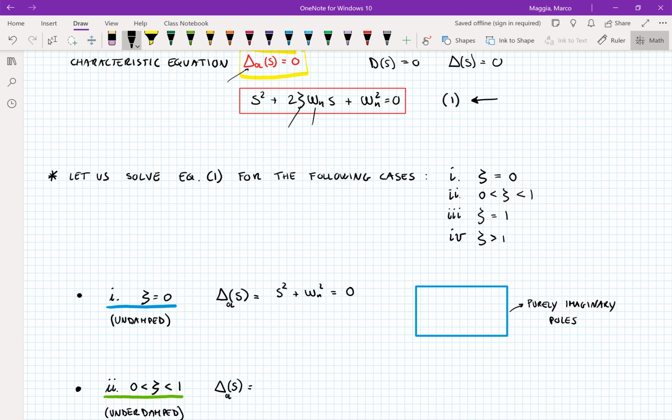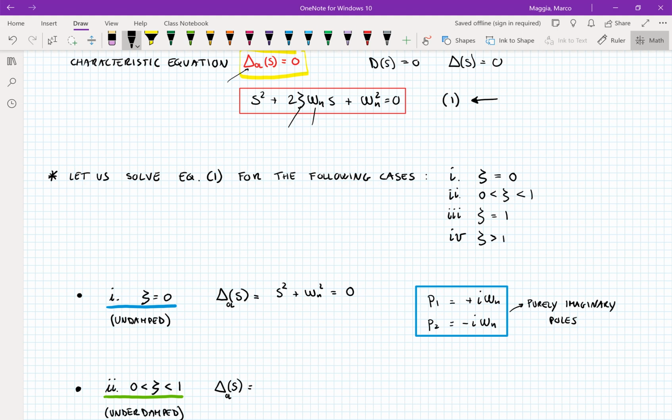Well, we're going to have P1 and P2 equal to plus j omega n and minus j omega n. In other words, the poles are purely imaginary numbers. They don't have a real part, or the real part is equal to 0, and they are complex conjugates. So their imaginary parts are equal but opposite.